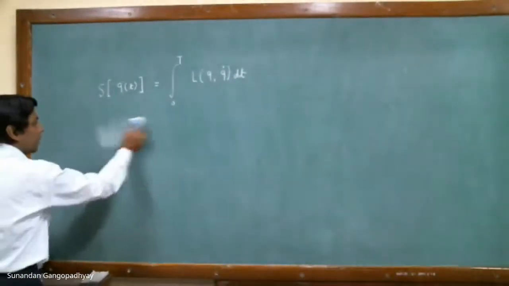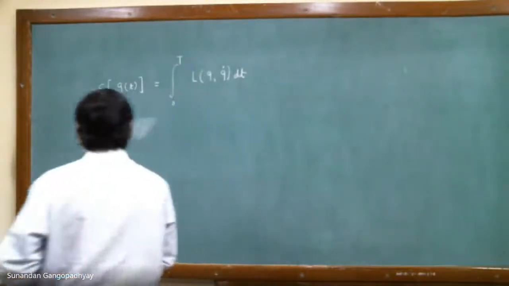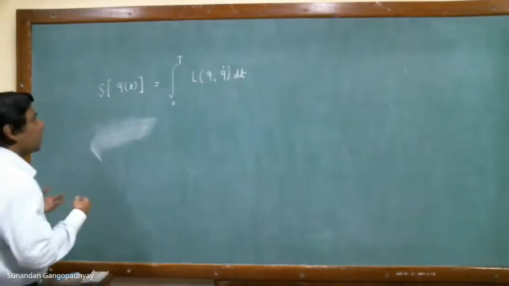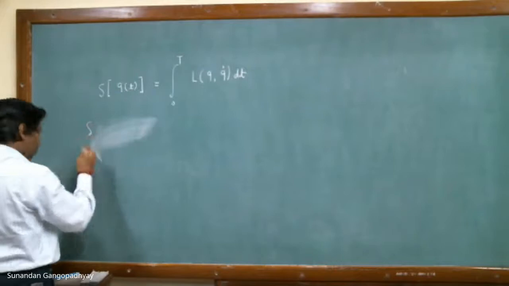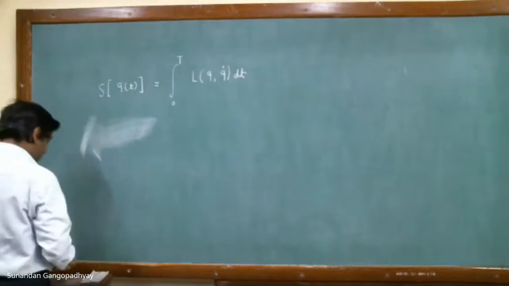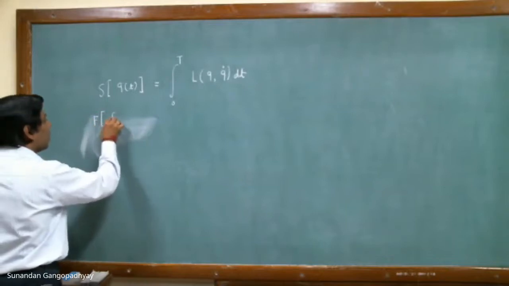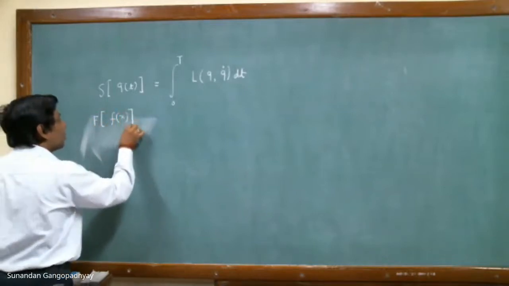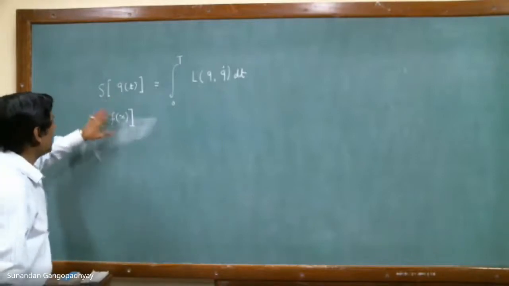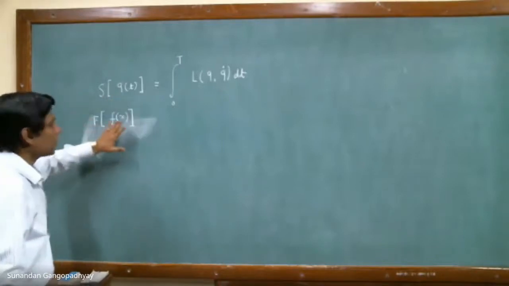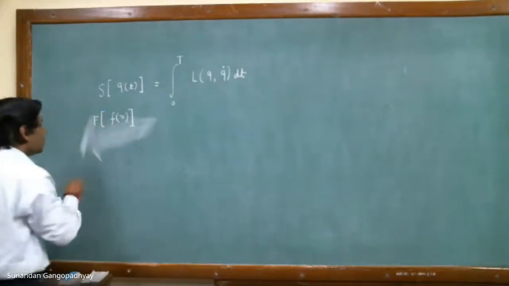Now, with this background of what a functional is, let us now understand how to take functional derivatives. So the standard definition: if you have F to be a functional of f(x), what this means is that if you put in any form of the function over here, this functional will give you a real number. So it produces a number from a given function.